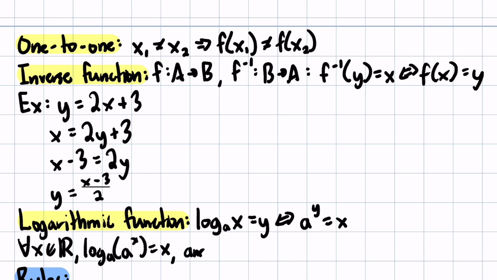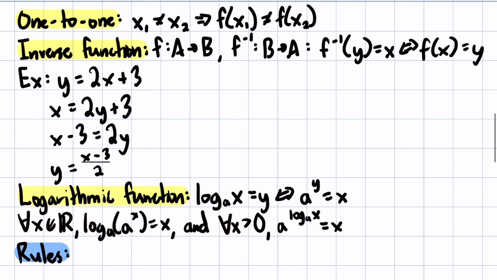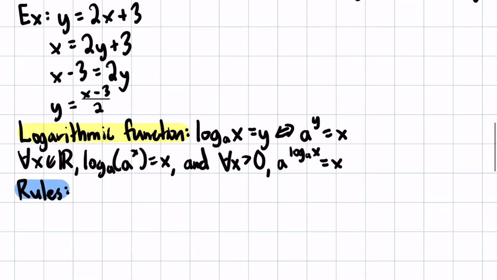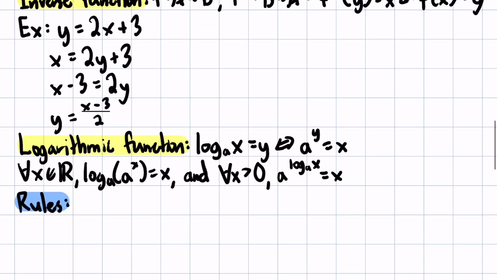They cancel. And then for all positive x, a to the log base a of x equals x. So in both ways, this is going to cancel. So basically, inverses undo each other.